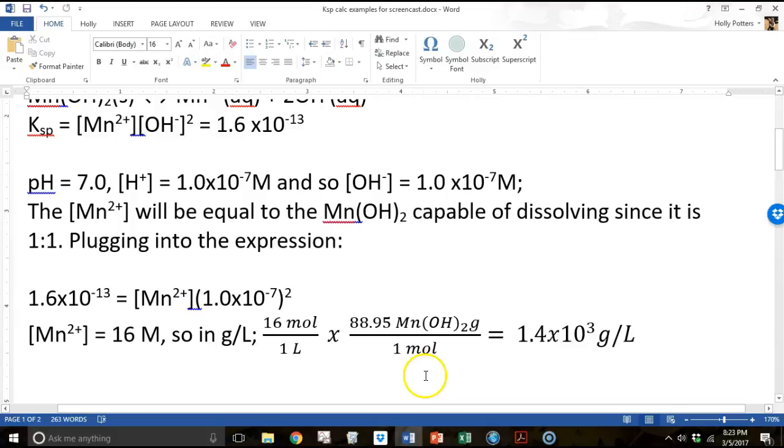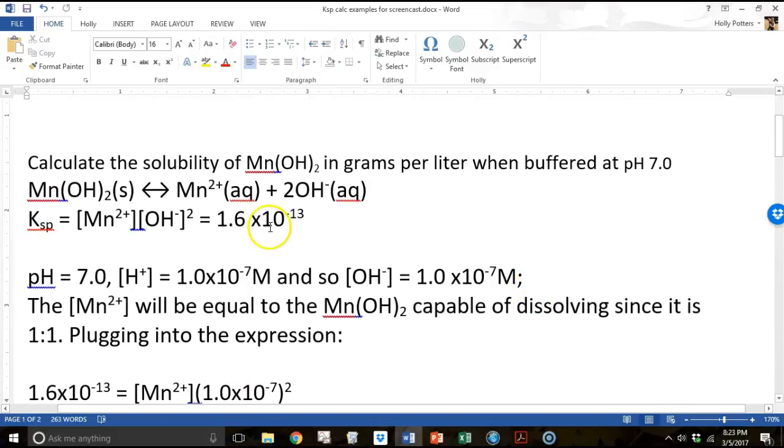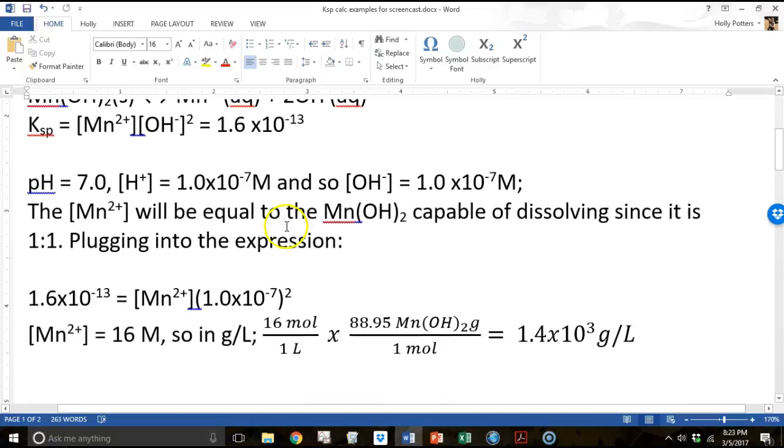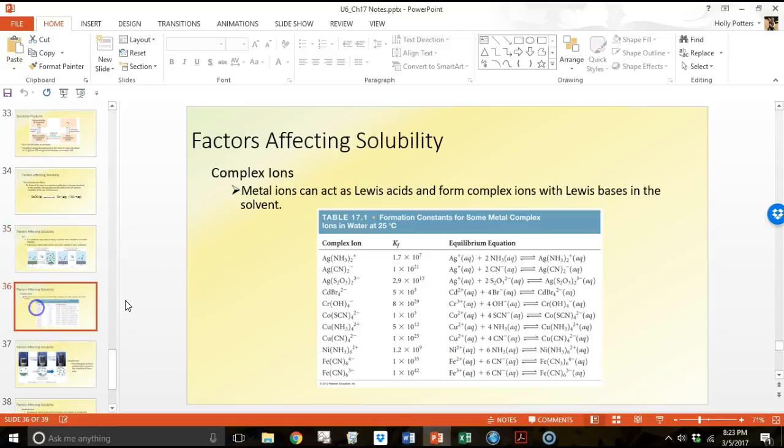So that's pretty soluble. And if you look back at how low this solubility is, lowering this pH is resulting in more of the manganese getting into solution, because more of the manganese hydroxide is dissolving. So that is the effect of pH and other things.